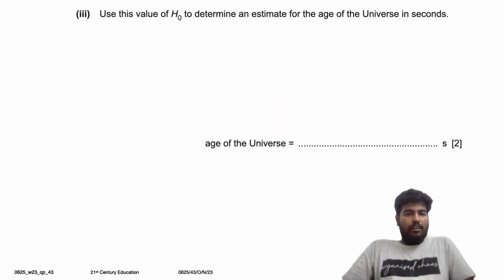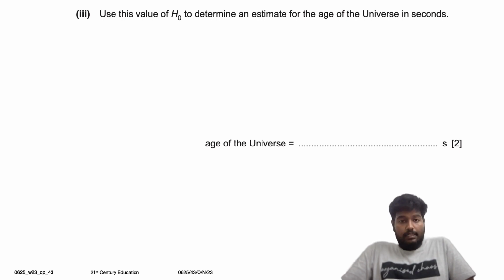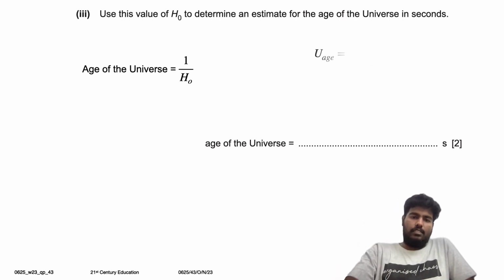Use this value of H naught to determine an estimate for the age of the universe in seconds. This looks like a big thing if you do not know the secret. The secret is that the age of the universe is 1 by H naught. That's why it's the Hubble constant.